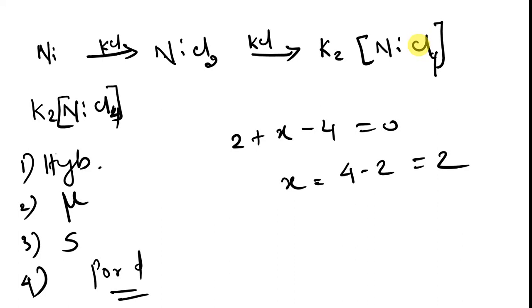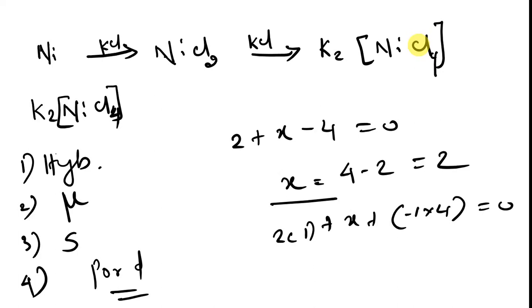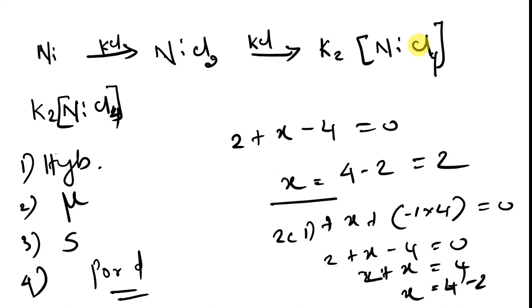Or let me write it in detail: 2 into 1 plus x plus minus 1 into 4 is equal to 0. So 2 plus x minus 4 is equal to 0, x is equal to 4 minus 2, that is equal to 2. So here the nickel is in the +2 configuration.